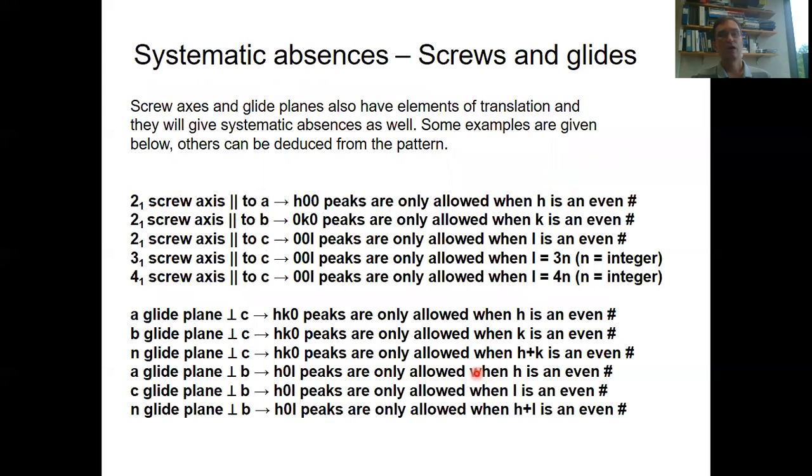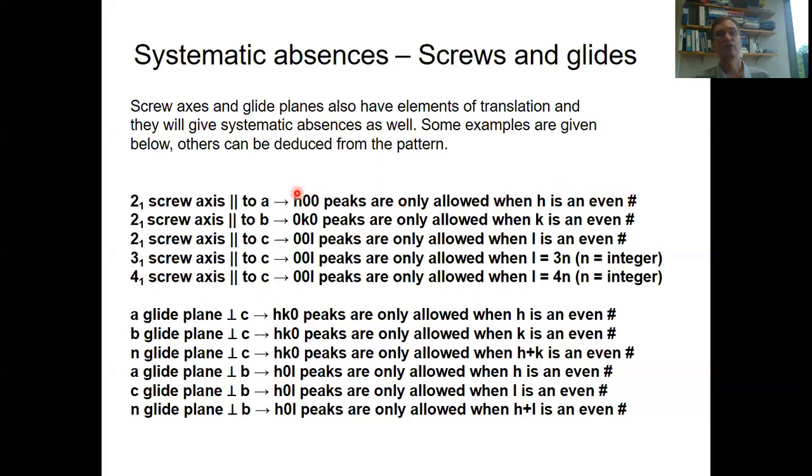Now in addition to that, you can have systematic absences due to screw axes and glide planes. For instance, when you have a 2-1 screw axis which runs along A, then for peaks of the type H00, H must be an even number.